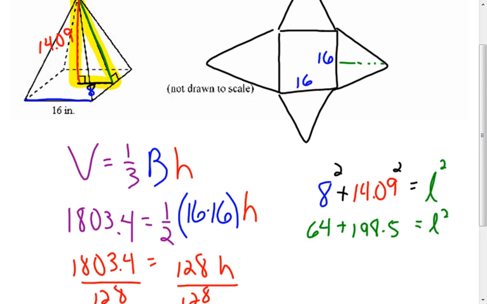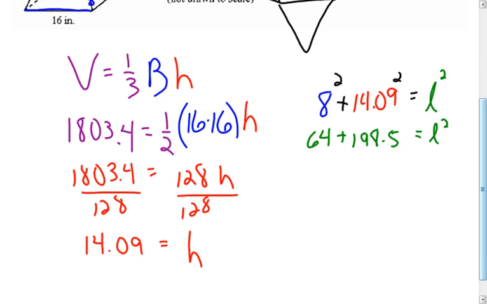Add on the 64, and we figure out that L is going to equal plus or minus, oh, excuse me, no, I'm not there yet. Step ahead of myself. So L squared is going to equal 262.5.